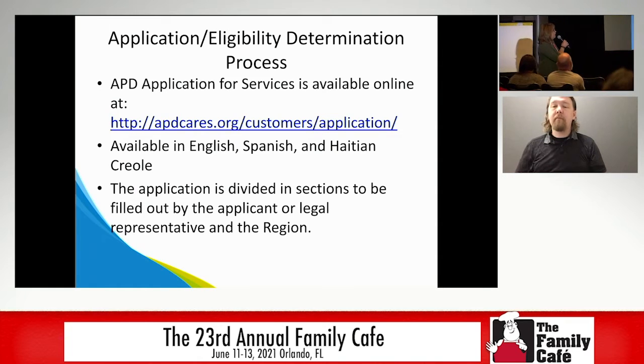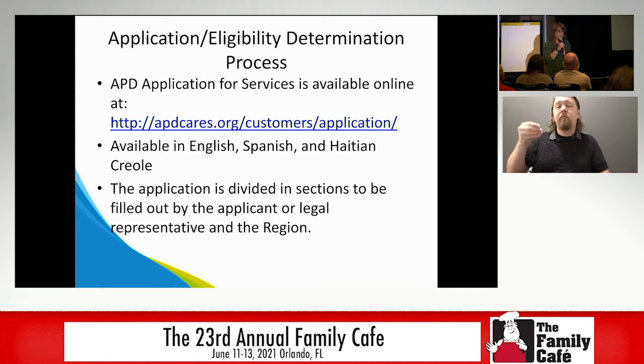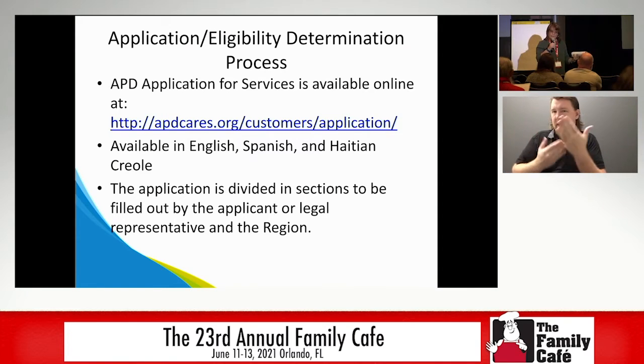So our APD application is available online, and you can get to it by going on our website at apdcares.org. You go to the Customers tab, and you scroll down to where it says Applications, and there you're going to find our application. You will need to print it, and you will need to fill it out by hand.